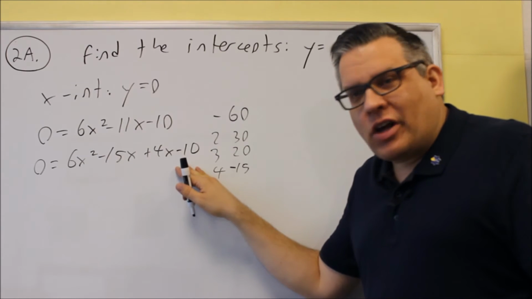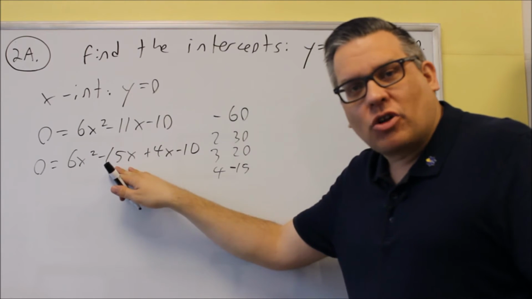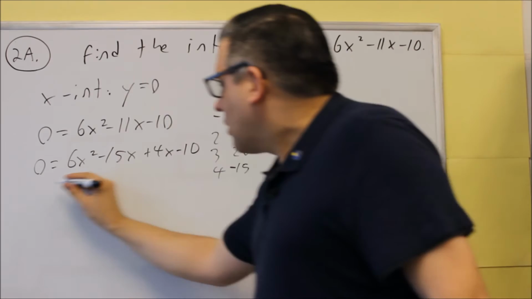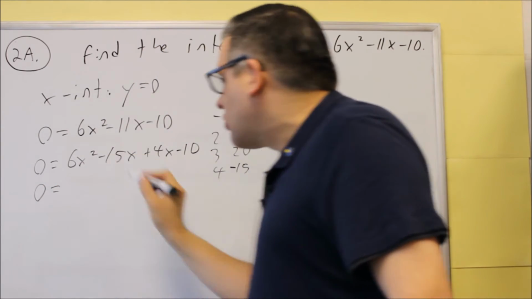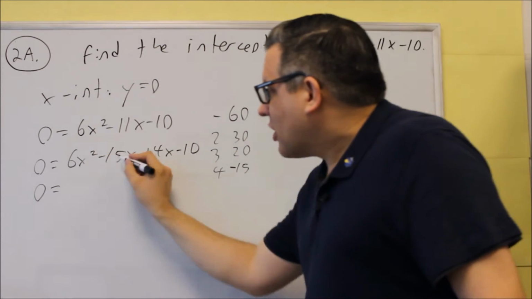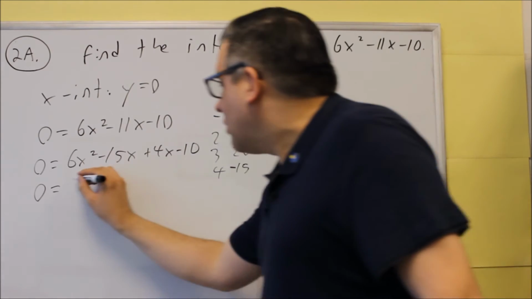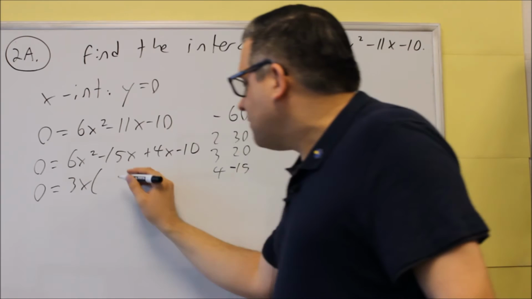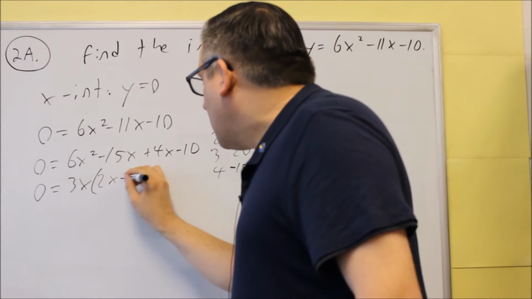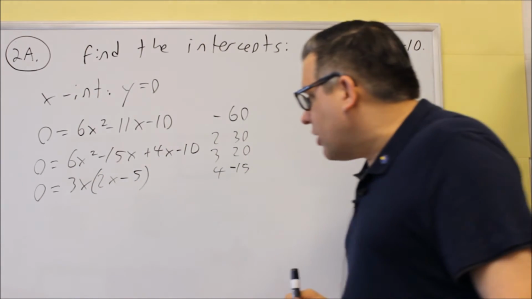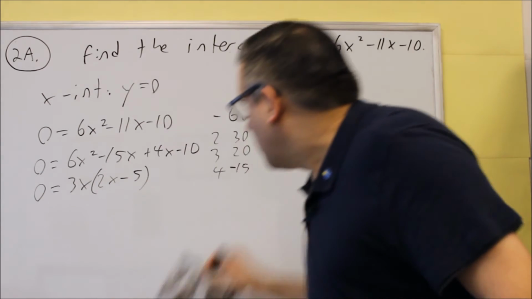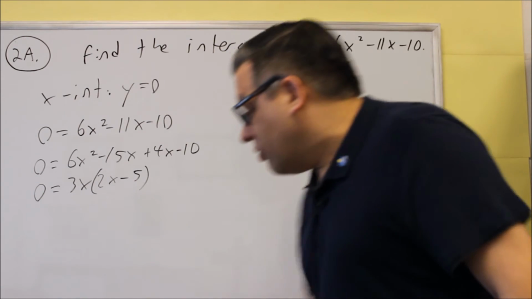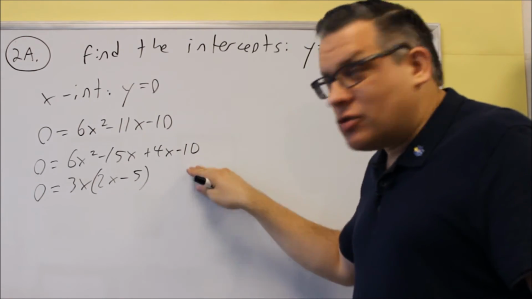Once we have it written out like this, we're going to factor the first two terms and the second two terms separately. For the first two terms, with the 6 and 15, I know I have a 3 that's common in there, and an x is also common, and I would get 3x times 2x minus 5. Next, we're going to do factoring with the second two.